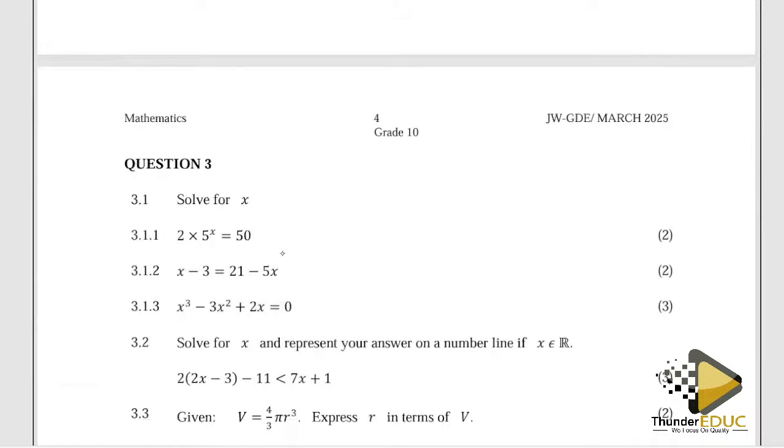Okay, 3.1. They want us to solve for x. Now, what I can notice is that before I even solve any equation, I need to know what type of equation it is, then I'll apply the relevant approach. So in this case, I'm seeing an exponent, which means I'm going to use exponential knowledge.